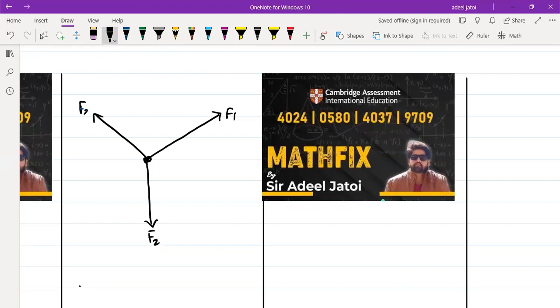So this angle will be the angle of force 2, this angle will be the angle of force 3, and this angle will be the angle of force 1. Now, at this point, you need to understand that all the directions are moving outwards.